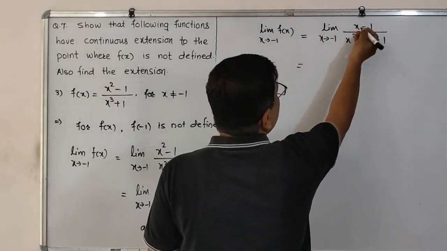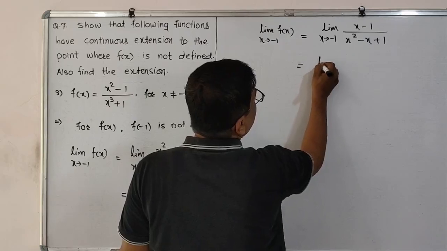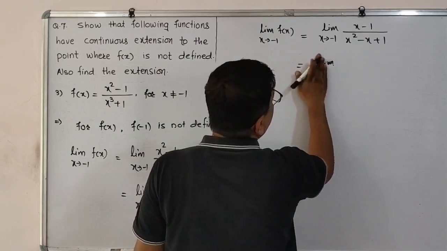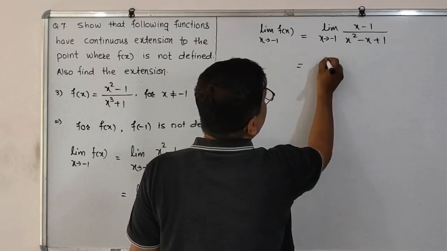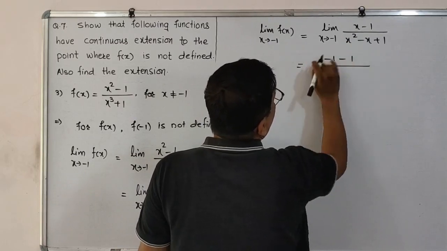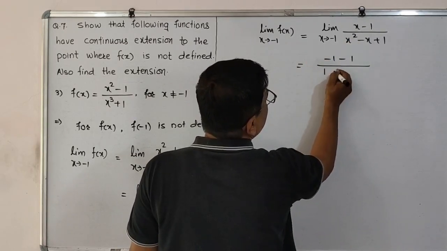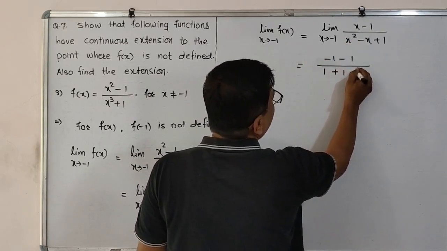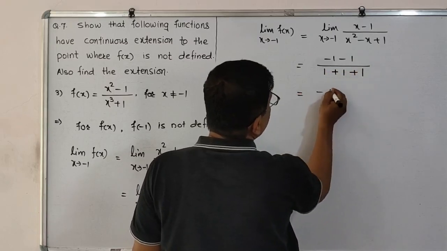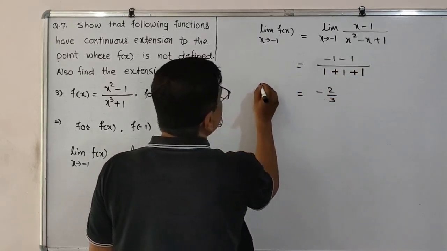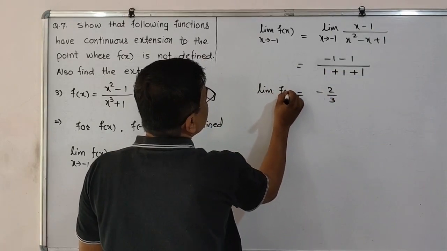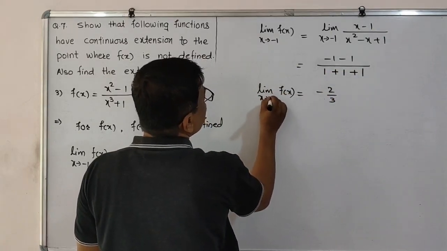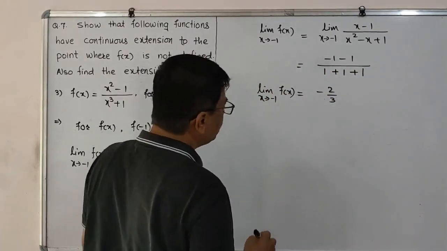Now substitute these values directly. Minus 1 minus 1 upon minus 1 square is plus 1, plus 1, plus 1. Hence it is minus 2 by 3. Means limit of f of x as x tends to minus 1 is minus 2 by 3.